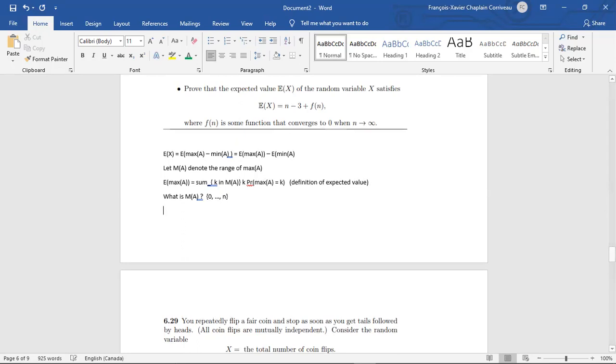Now we have to think about what is the probability that m, the maximum of A, is equal to k. We've dealt with something similar. If my maximum is k, what needs to happen?